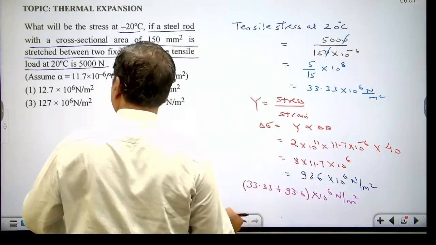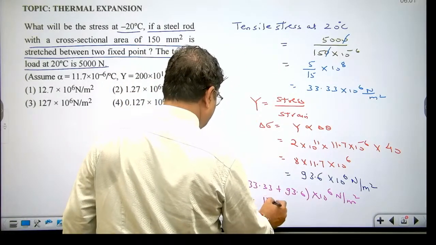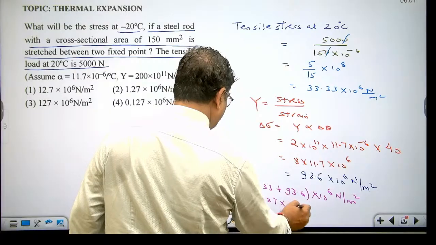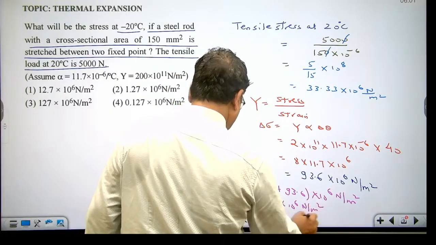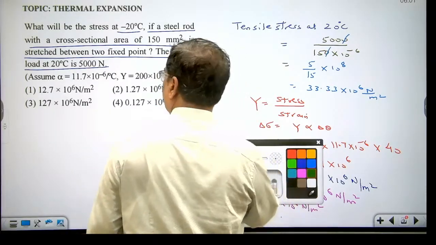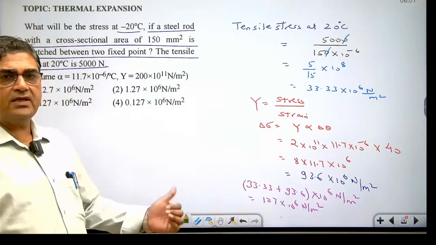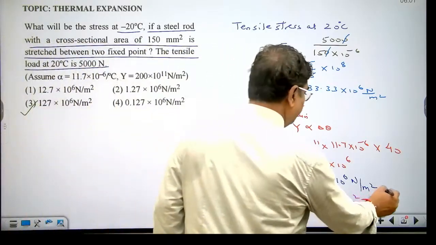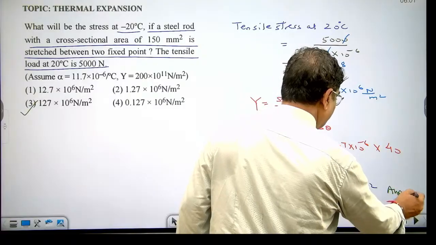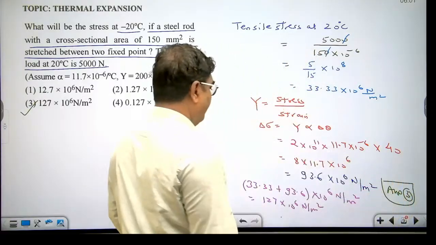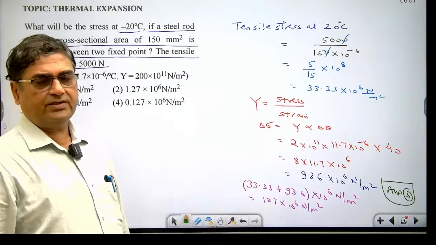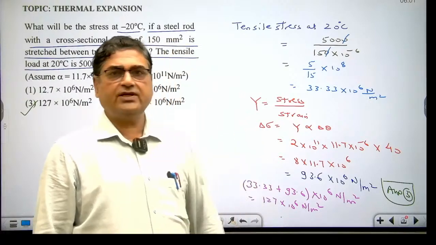So approximately we can see this is 127 into 10 power 6 Newton upon meter square. So this is our final answer out of 4 options. Out of 4 options, dear student, the correct answer is option 3. Among 4 choices, the correct choice is option 3. This is a very good question for NEET or JEE 26.